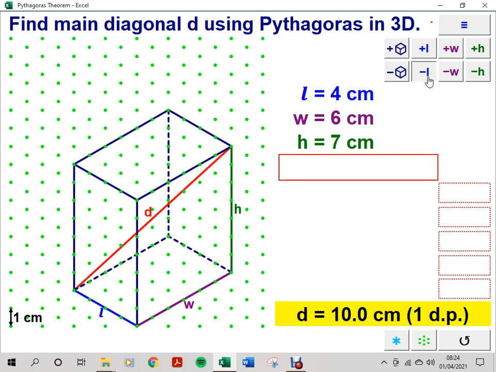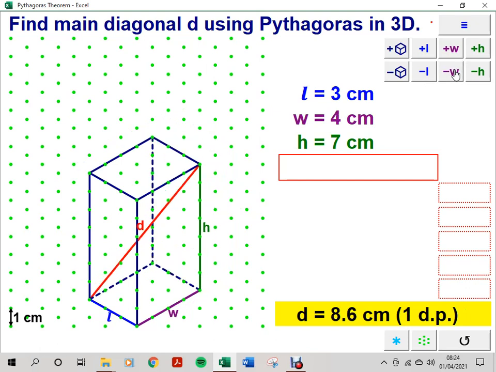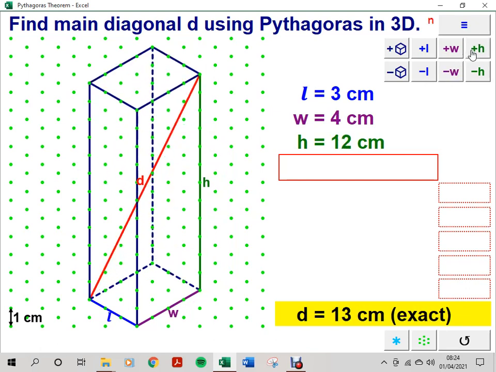When L equals 3, W equals 4, and H equals 12, the main diagonal D equals 13. Let's check this by performing the procedural calculation once again.